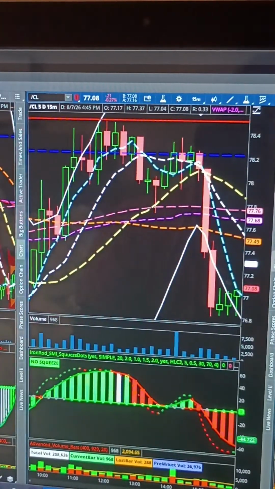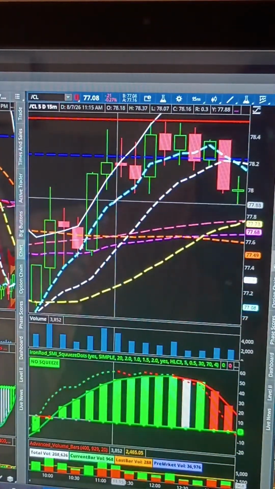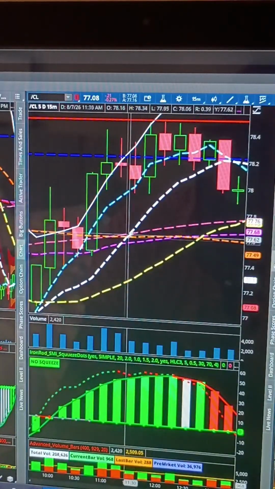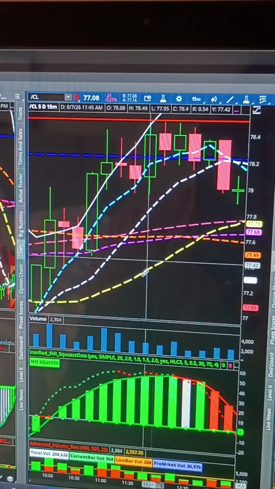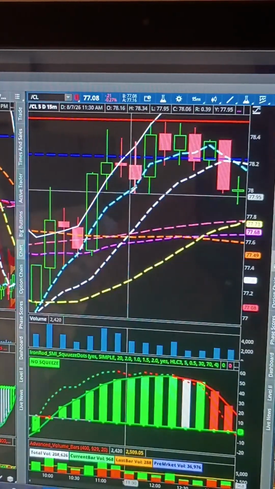You mean in an uptrend that looks like this, right? Where the 5 simple moving average leads, the 10 simple moving average is in second, the 20 simple moving average is in third place. That's an uptrend. Here's the problem: if you're not in an uptrend on a 4 hour chart, you're not in an uptrend on a daily chart.